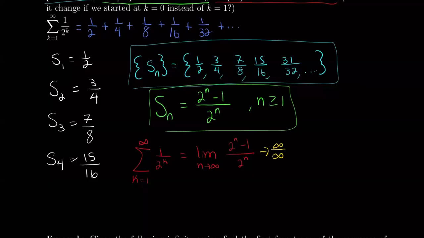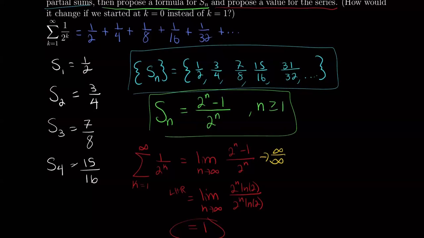This is an infinity over infinity, so I can do L'Hopital's rule or Bernoulli's rule, same thing. The limit as n goes to infinity, the derivative of the top divided by the derivative of the bottom, and I got 1.